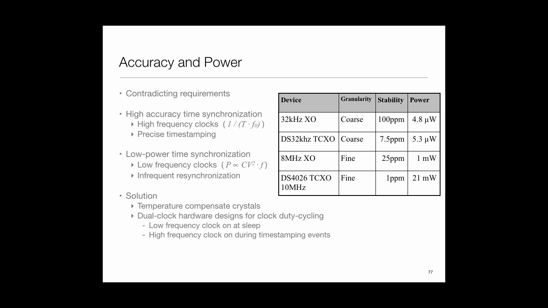As this slide shows, as you pay for frequency, the resolution with which you are able to measure time, as we go from 32 kilohertz to megahertz, we are paying for more power. And the other thing is that if you go for a more stable clock, look at the bottom two rows, going from 25 ppm to 1 ppm costs a lot of power.